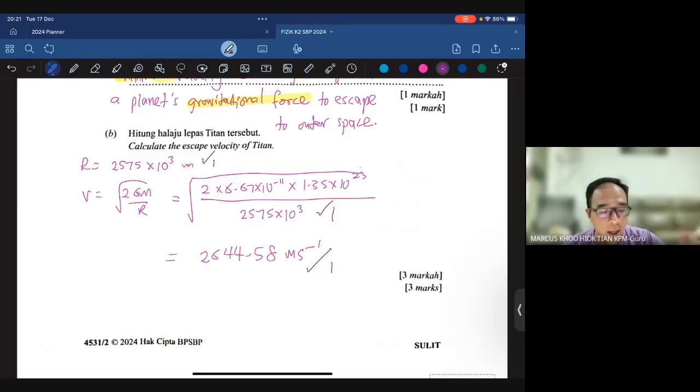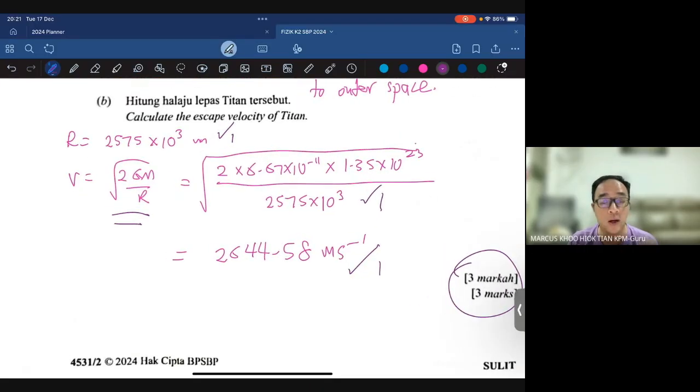Just to remind you once again, sometimes you will see a calculation which has 3 marks. And sometimes, not always, there is a mark if you just write the correct formula. So if you notice the way I write my answer, I always begin with the formula that I want to use. Make it a habit.